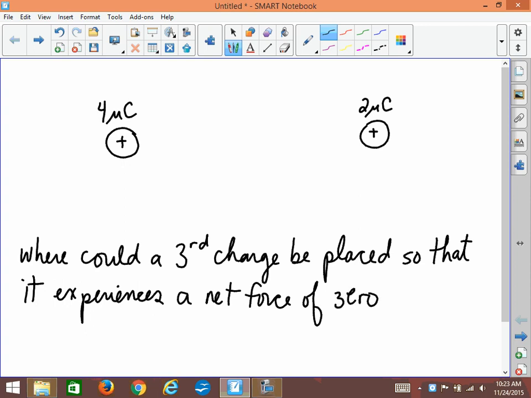Zero. Question mark. I'll also give you some indication of how far apart these are. So we'll give you an original distance of, I think, 0.5 meters is the example I'm going to use.